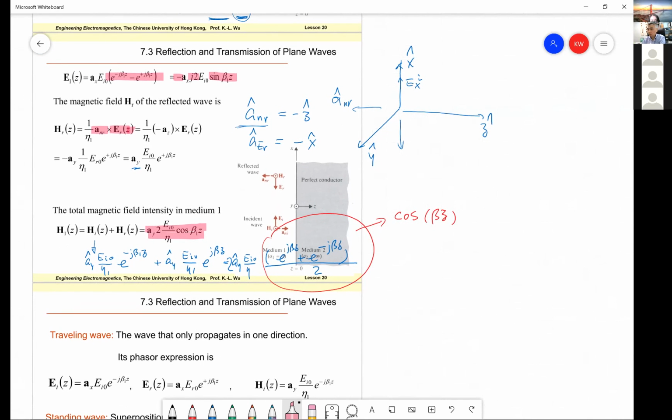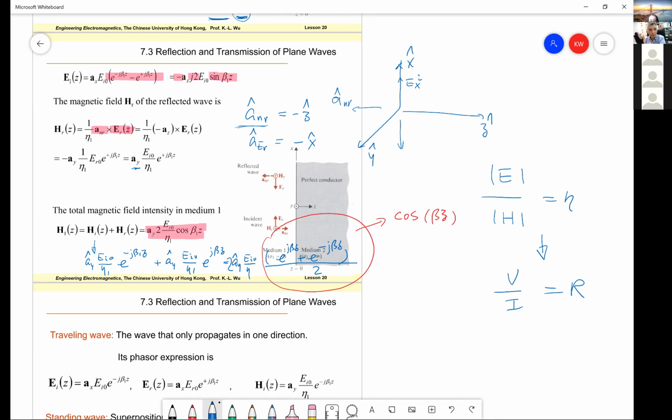Now, pay attention. I said electrical field divided by magnetic field equals wave impedance, in analogy to voltage divided by current equals R, right? This is only applicable to either the incident wave or the reflected wave.